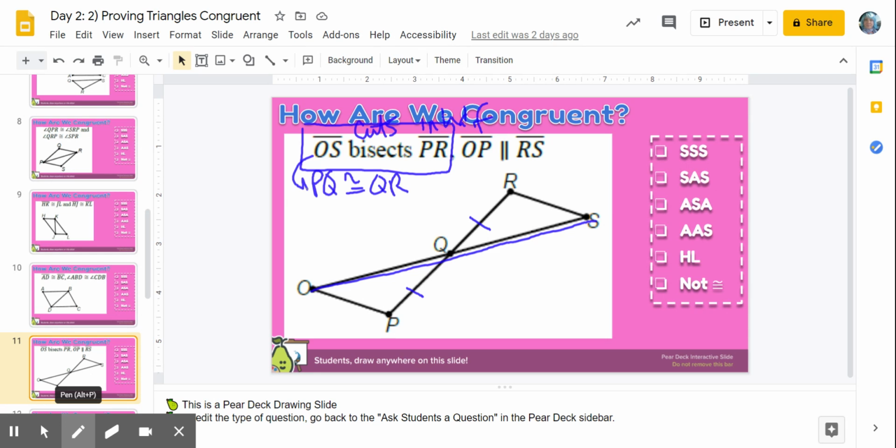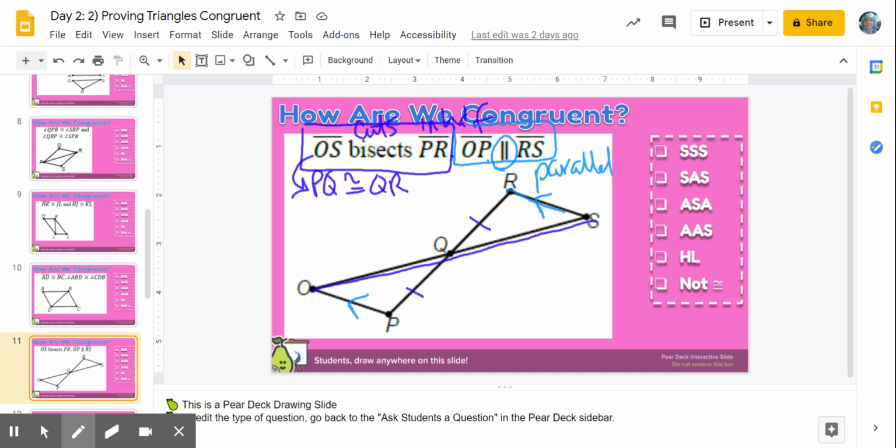That's the so what after that statement. Then I've got this guy over here. What does this little double L mean? Not perpendicular, but parallel. So OP, and we mark parallel with arrows, is parallel to RS.